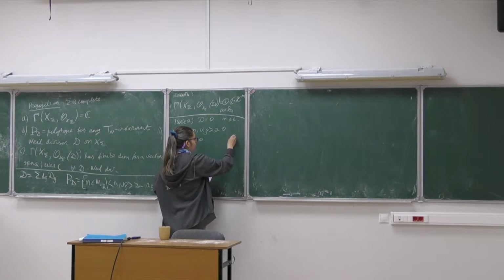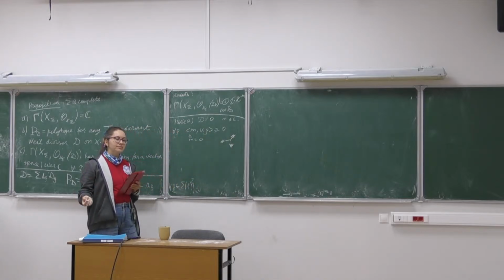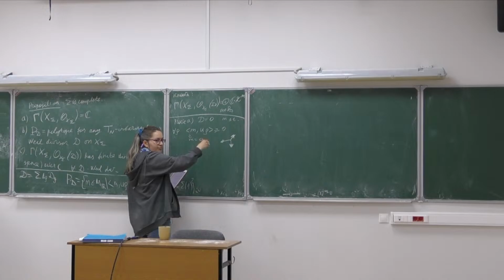If we have a complete fan, such that the u_ρ go in all the directions, not in one subspace, there is no half space in which all the u_ρ belong.